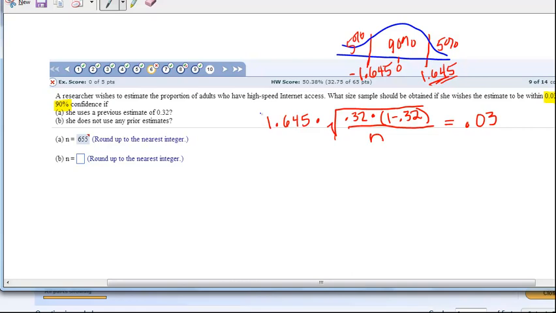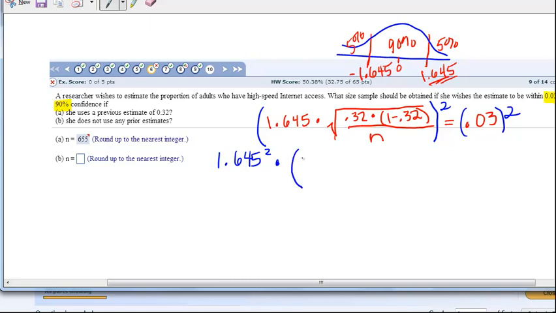So the first thing I want to do is get rid of the square root sign, because that thing is a mess. So here I'm going to square both sides, and it'll nicely get rid of it, because 1.645 is being multiplied by everything under the square root. So 1.645, we'll square that, and then this whole square root sign just drops off, which is pretty nice.